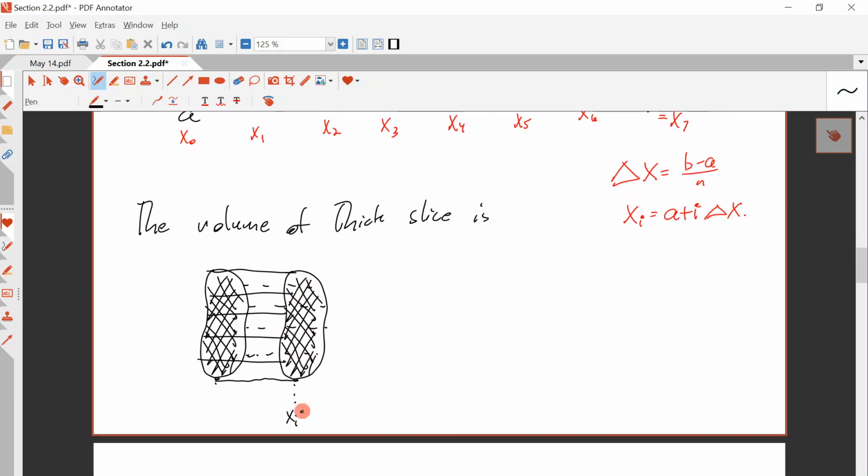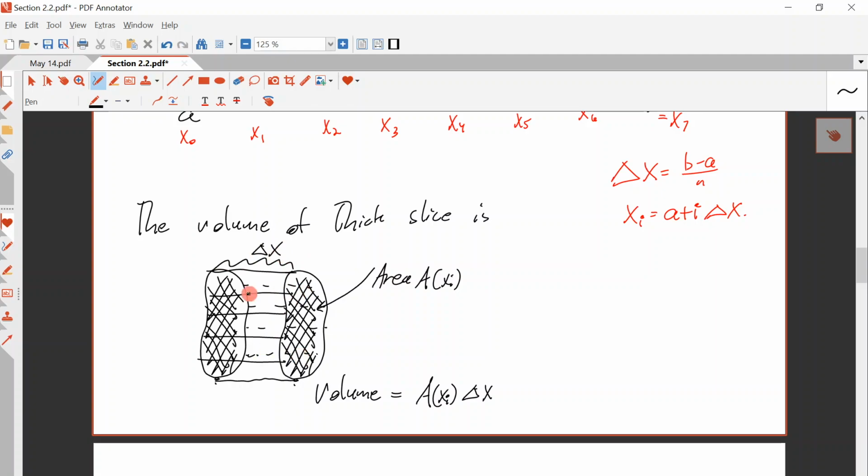All right, so this is at xi, so the area is equal to delta x times the area A(xi). So this right here is area A(xi), and then you thicken it like that, delta x.